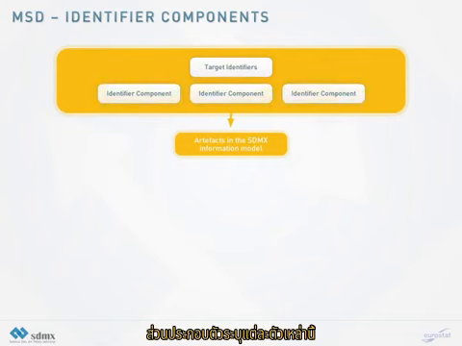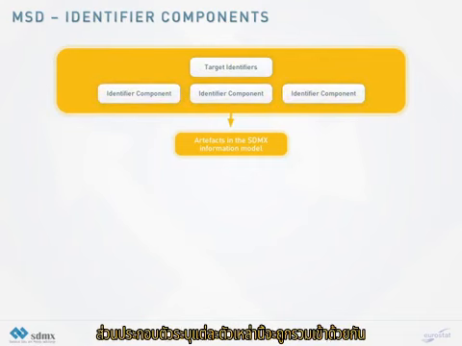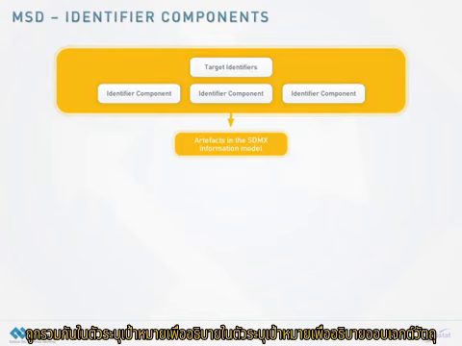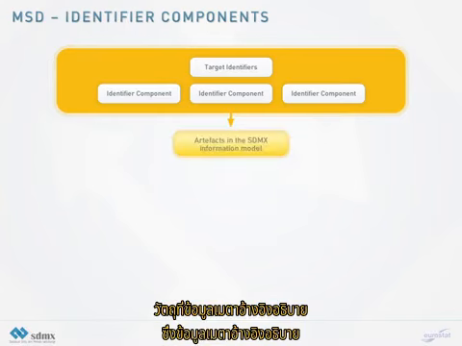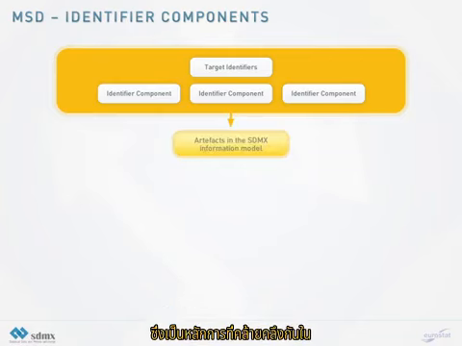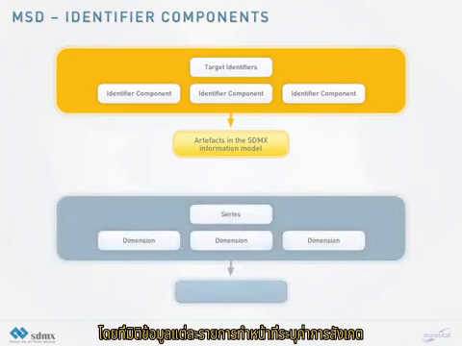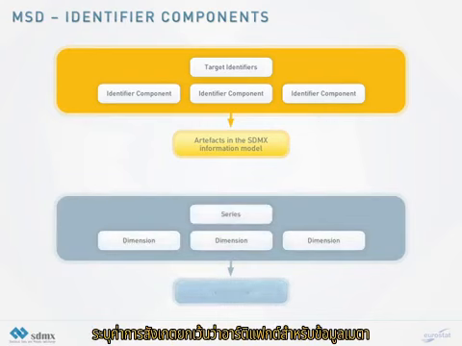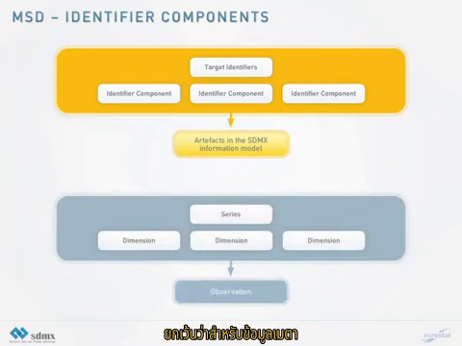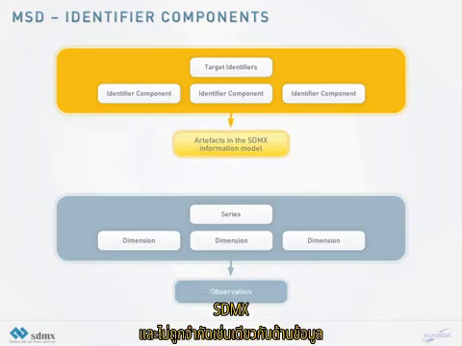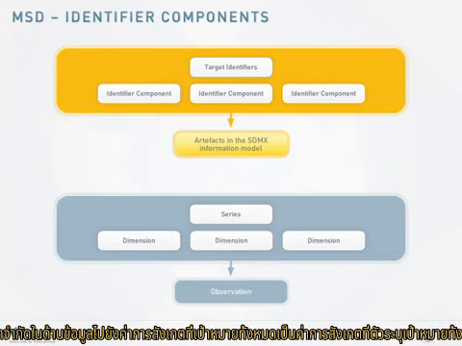These individual identifier components are combined in the target identifier to describe the object which the reference metadata describes. This is a similar principle as on the data side, where the individual dimensions serve to identify the observation value, except that for metadata, the artifact that is identified can be any artifact in the SDMX information model, and not restricted, as on the data side, to the observation value.